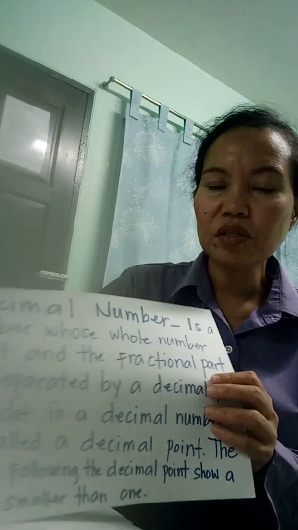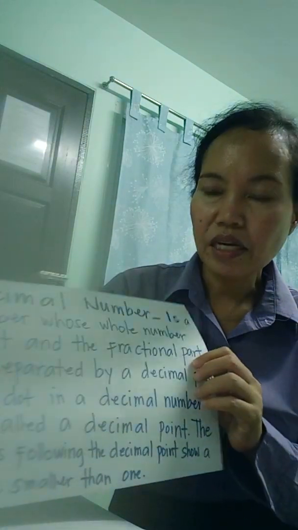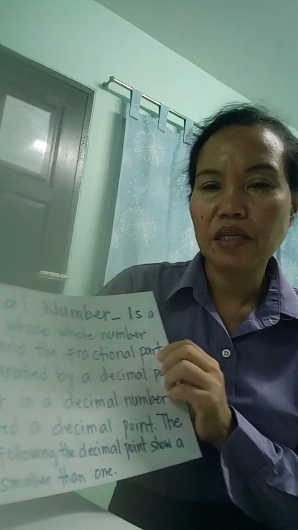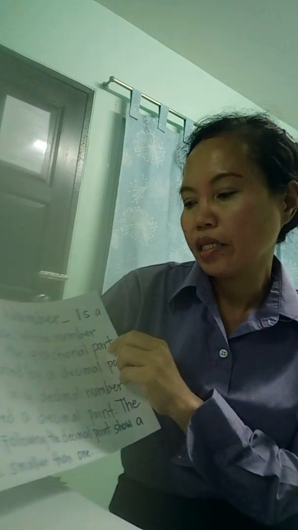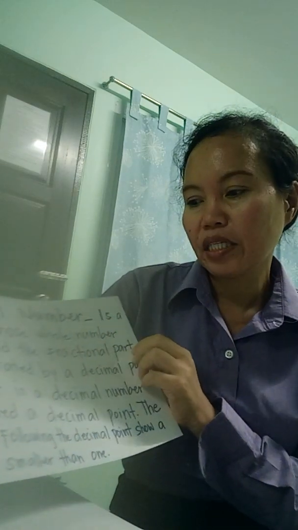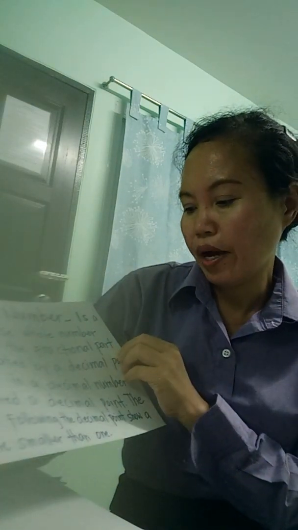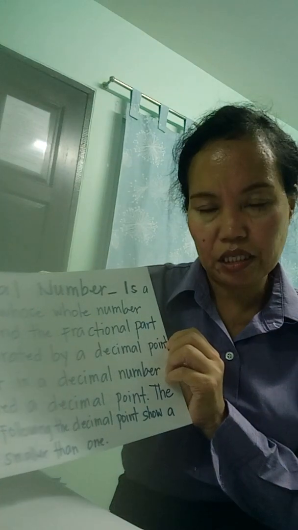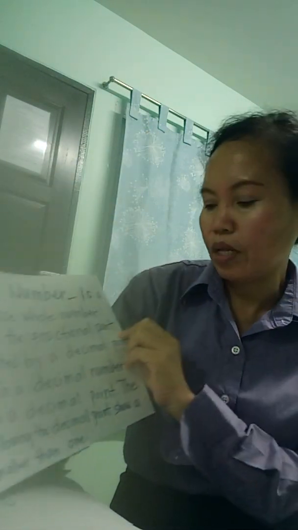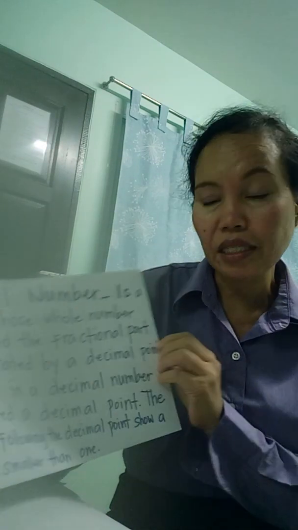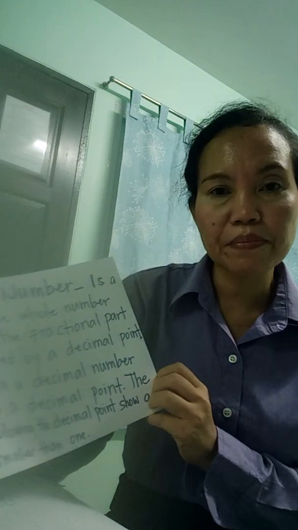According to the dictionary, a decimal number is a number whose whole number part and fractional part are separated by a decimal point. Like that, dot, or decimal point. The dot in a decimal number is called a decimal point.